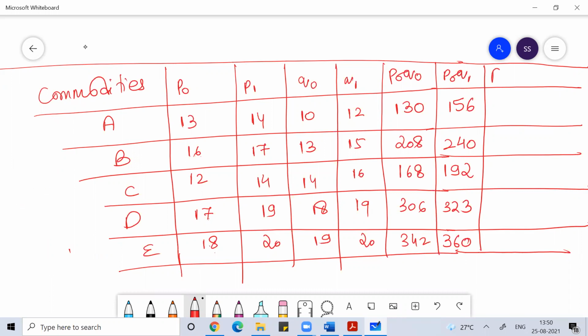So then I can find P1 Q1. P1 Q1: 14 into 12, 168.